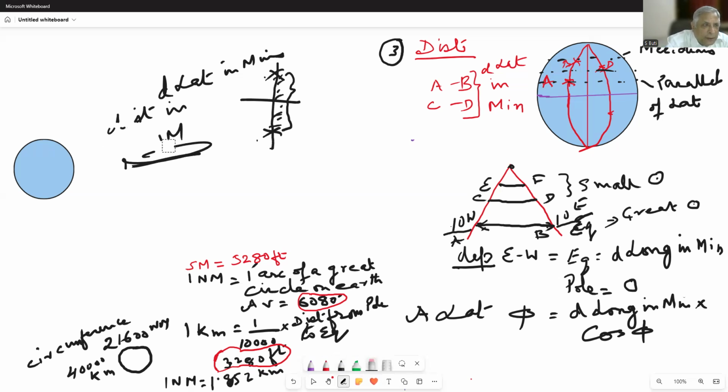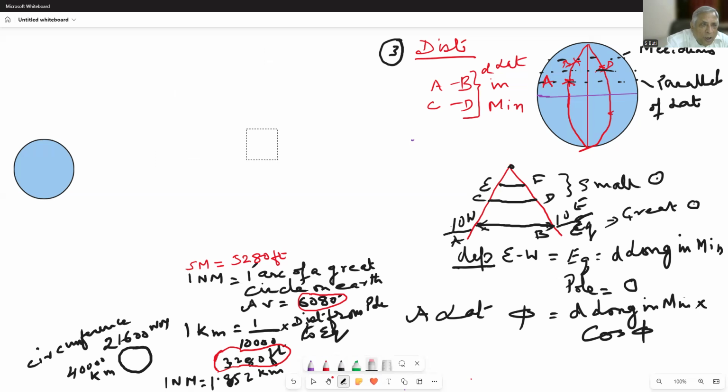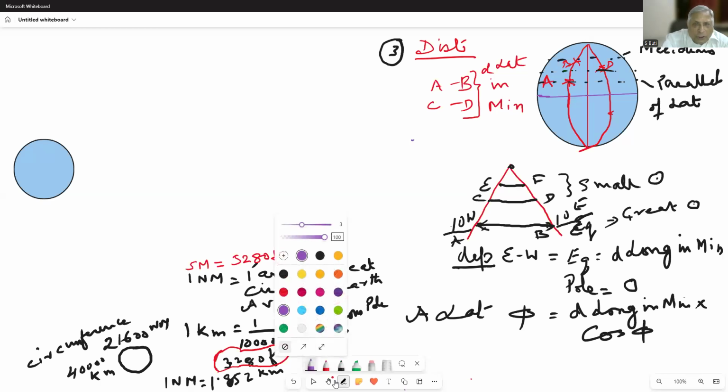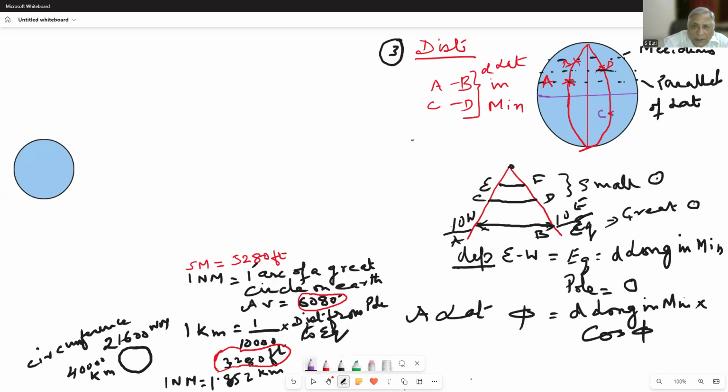Just a second. Can we convert dlong also into distance? Here in this question, A to B on the same meridian, C to D again on the same meridian.